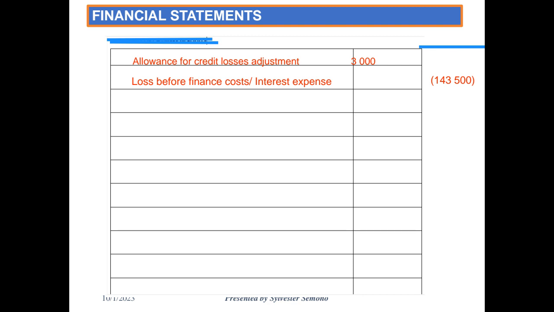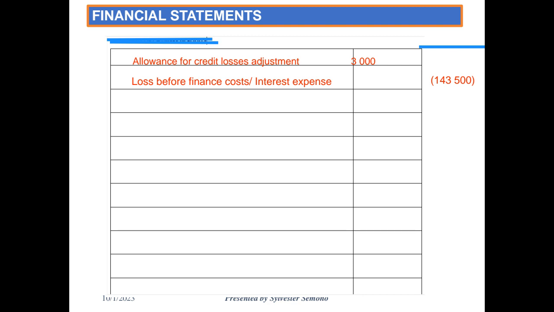We can't say gross here, we just say loss. Or you can just say net. It's just loss or profit. We only say gross where you deal with the sales and cost of sales. Anything before expenses, we call it gross.